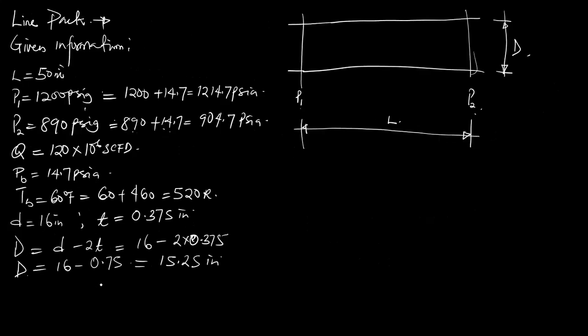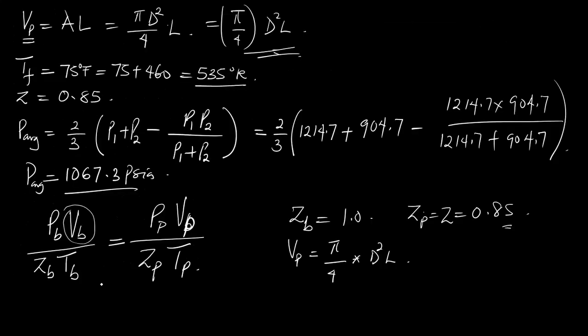So now we have PB VB divided by ZB TB equal to PP VP all over ZP TP.